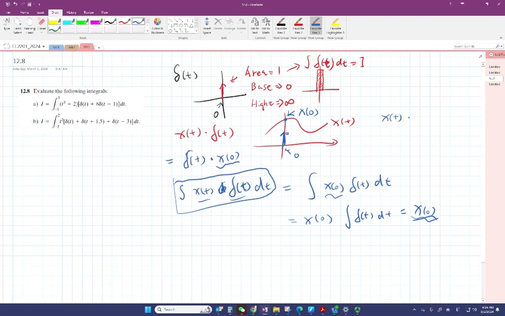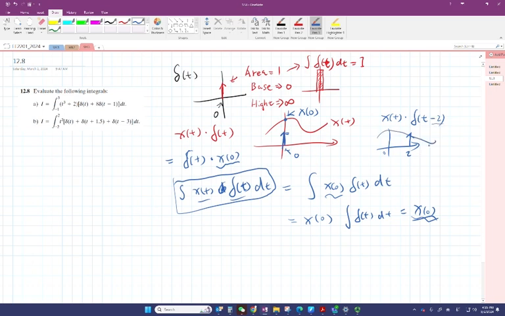All right? What about an arbitrary function multiplied with delta t minus 2, for example? Delta t minus 2 is the delta function moved to the right by 2 units.